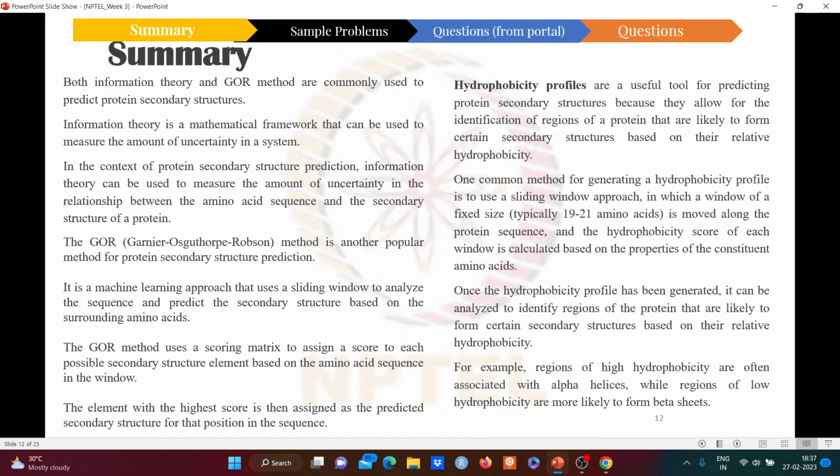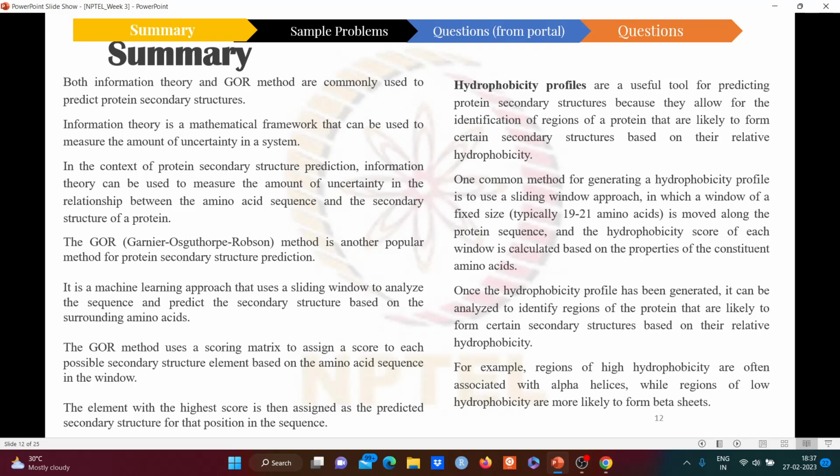Next thing is hydrophobicity profile. These are important because they allow for the identification of regions of a protein that are likely to form secondary structures based on their relative hydrophobicity.